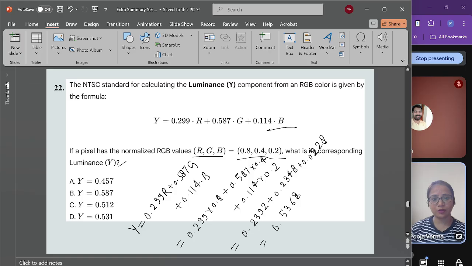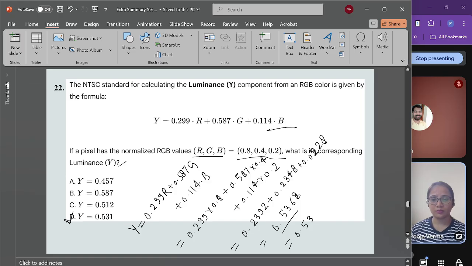So which value is matching with this one? 0.5368. If you see, up to two decimal places it is approximately 0.53, the closest value. So option D is the correct answer for this question.